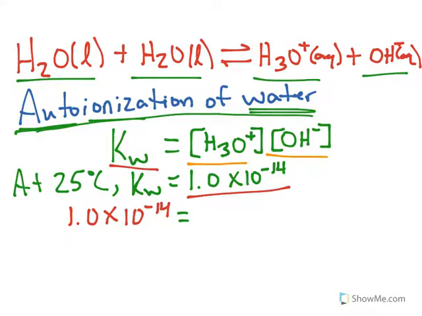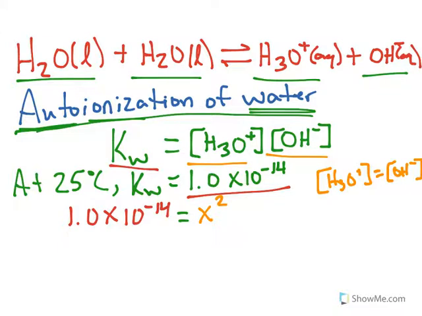So really that's just Mr. Engel's long-winded way of saying whatever the hydronium concentration is, it must also be equal to the hydroxide concentration. For that reason, we can just call them X. We can call the hydronium X and the hydroxide X, and as any good mathematician would do, X times X is X squared.